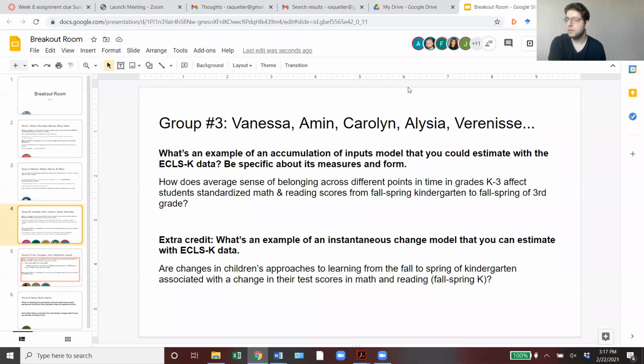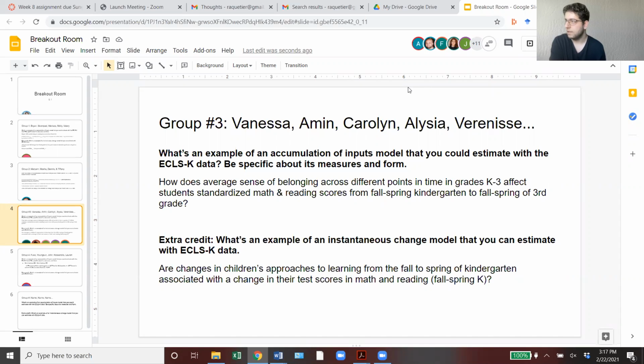What we were thinking is that for accumulation, we can use math scores or reading scores as an outcome, and then maybe an average sense of belonging as a predictor that we can average over time. We just didn't think of enough control variables as other groups did.